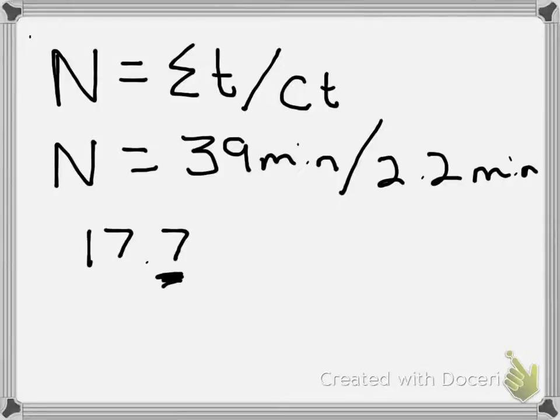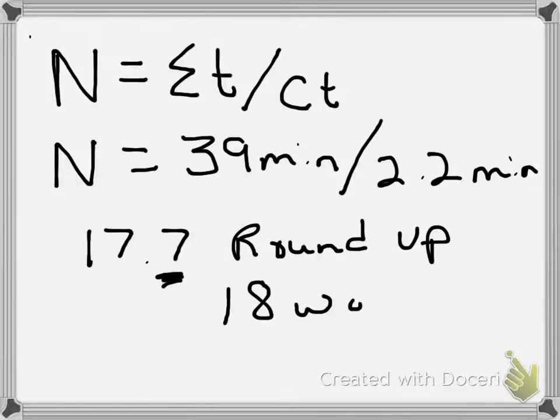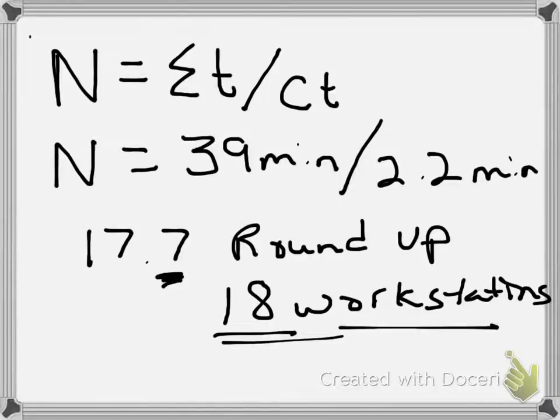Even a fraction of 0.1 exceeds the full range of 17 workstations, so we round up to the next integer, which is 18 workstations. So 18 workstations is our answer for problem number 4.